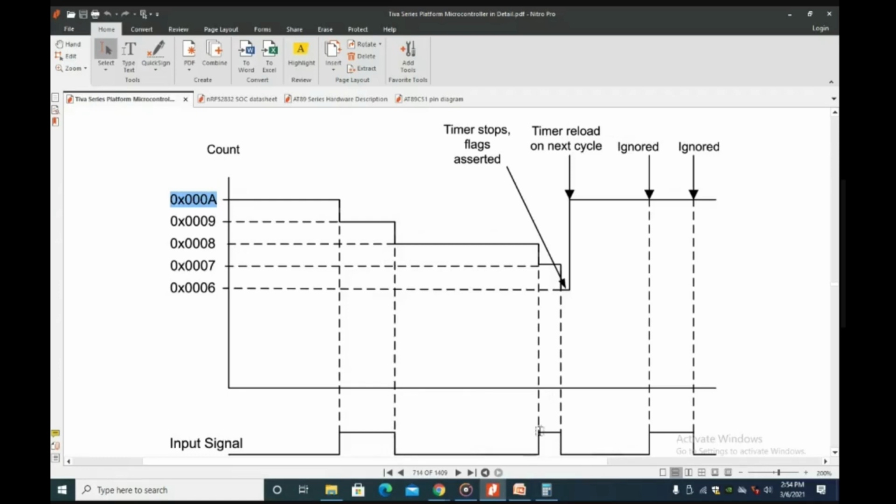The third transition happens here, it decrements from 8 to 7. And the fourth transition happens, it decrements from 7 to 6. That's all. After that, there is a transition from 0 to 1 and a transition from 1 to 0, so the counting will never happen. It reloads for the next cycle, and the timer stops, flags are set, something like that. You can see this. So after that, the counting is not happening.